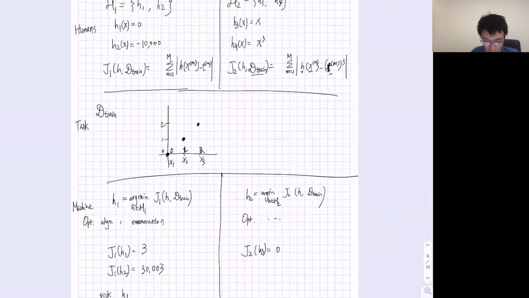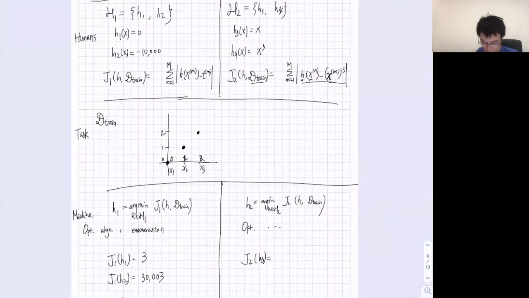Okay, but my confusion here was I was meant to have X. So suppose we are working with this equation, then J2 of H3 is, so now I'm very slow.